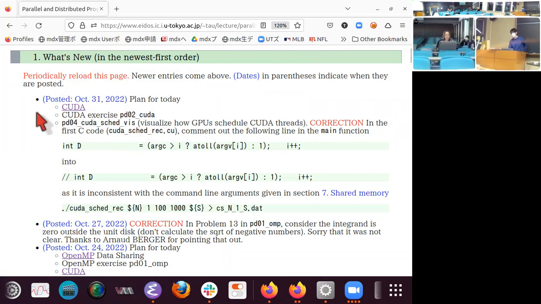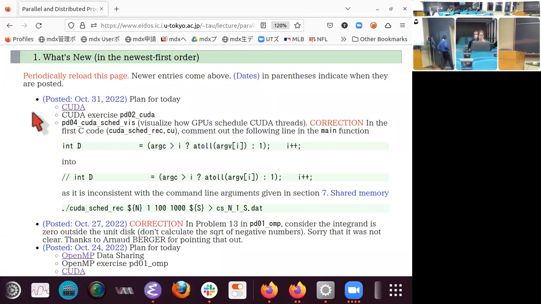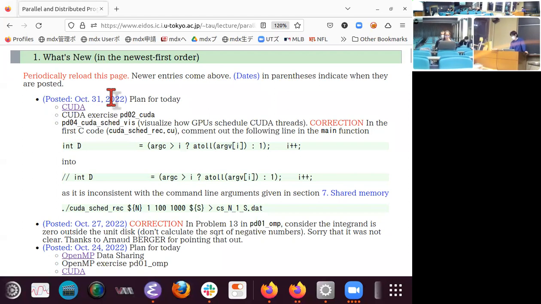Last week, I started talking about CUDA. In this week, I continue discussing CUDA, and hopefully you have had some time to work on the CUDA exercise.